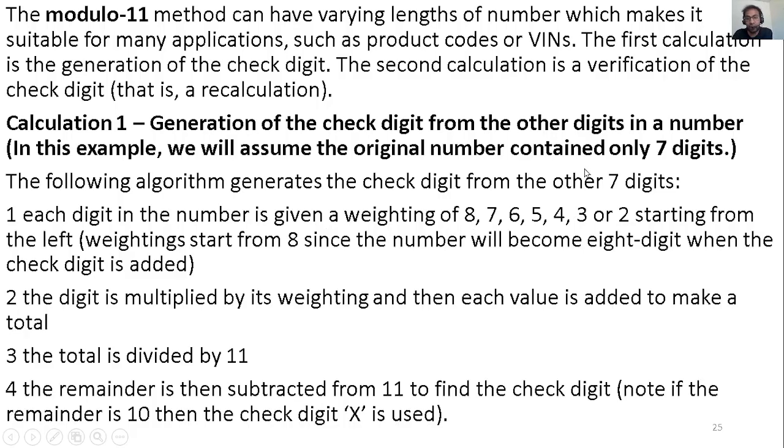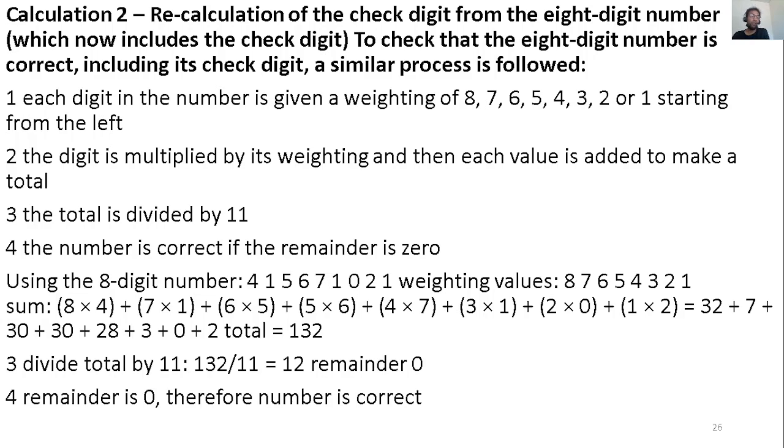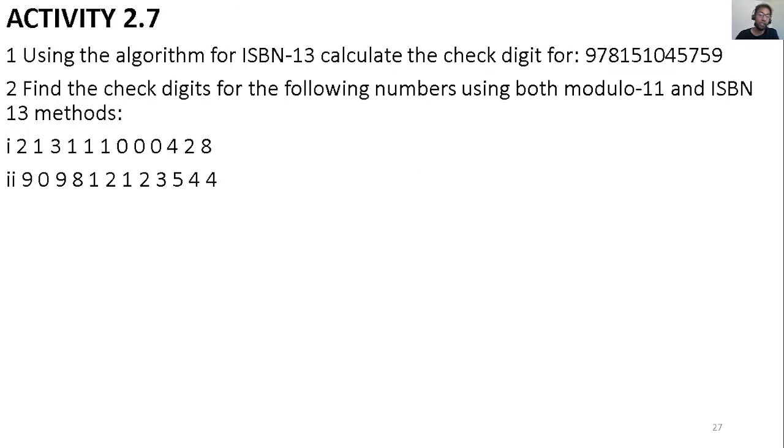The total number of digits is 7, so we give the weights 8, 7, 6, 5, 4, 3, 2, starting from the left. The digit is multiplied by the weight and then the total is divided by 11. The remainder is then subtracted from 11, giving the final check digit. Then we verify that by including the check digit in the multiplication.